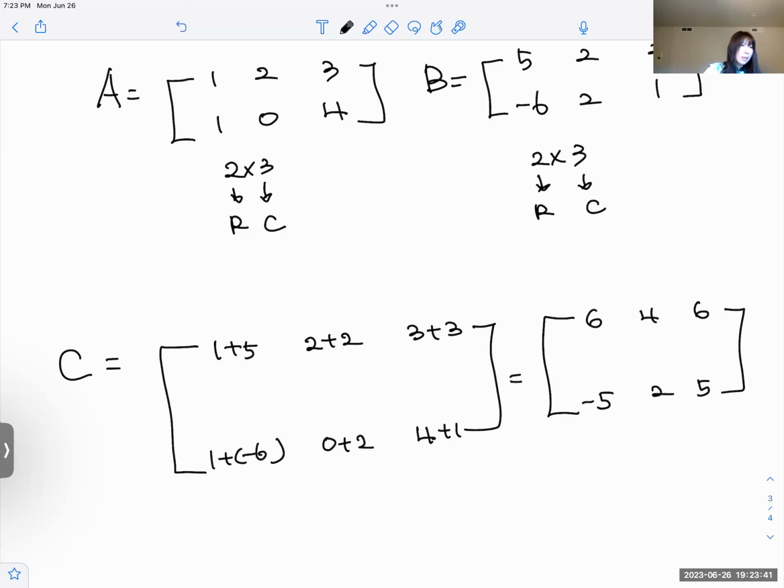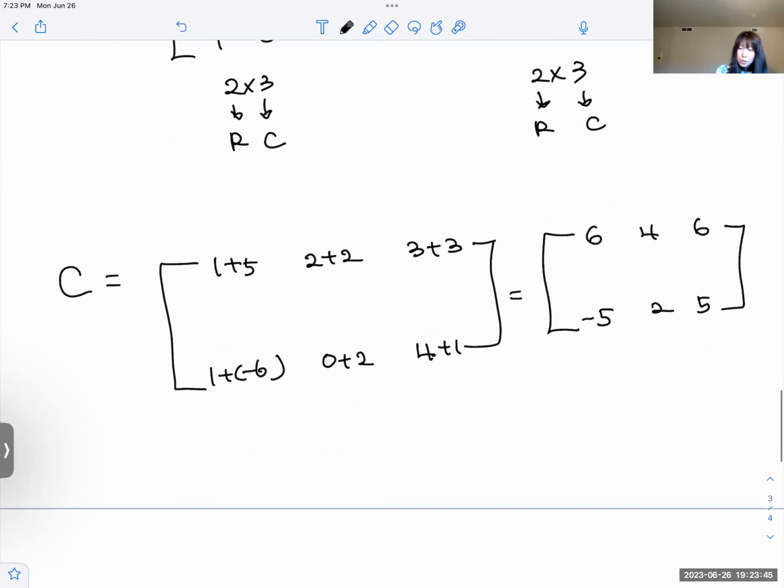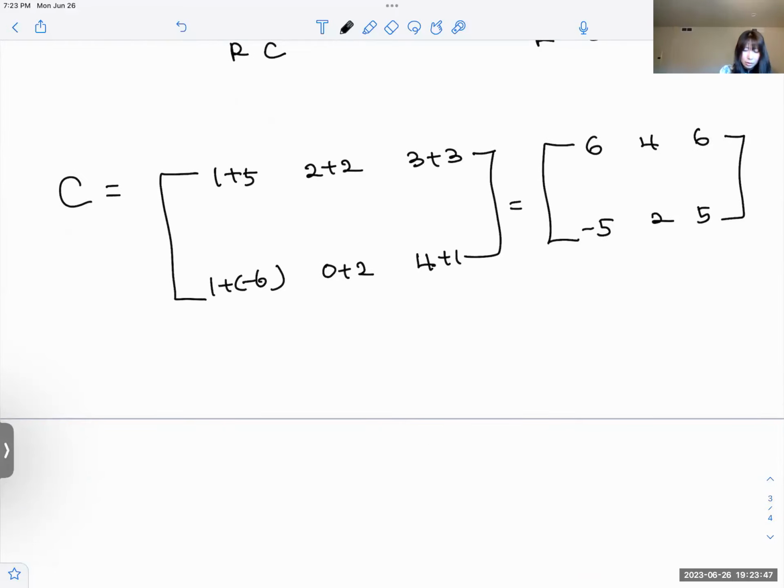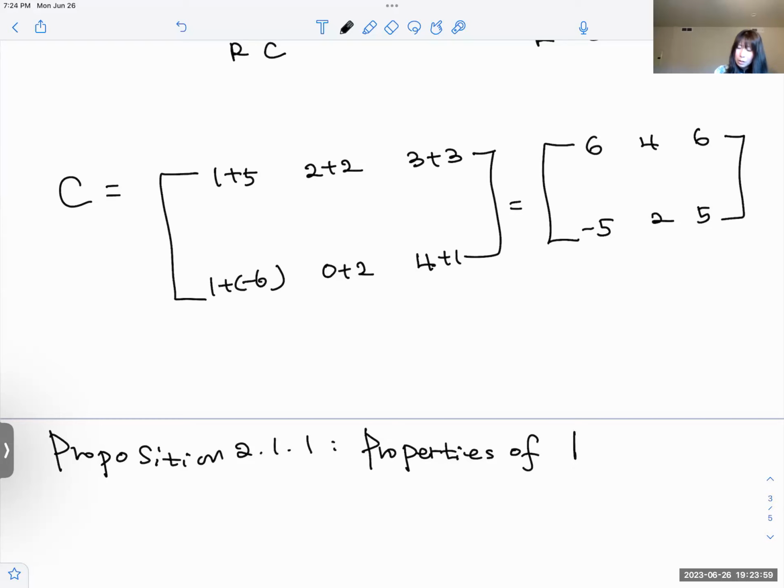Okay. Now, we have Proposition 2.1.1, properties of matrix addition.